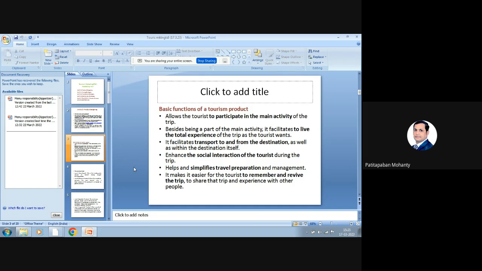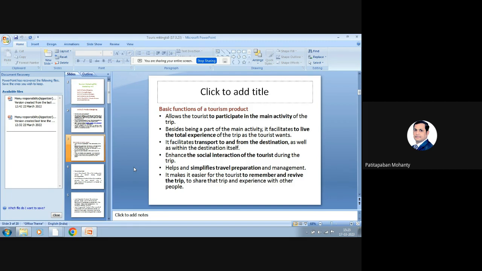Then it helps and simplifies the travel preparation and management. Yes, a product always simplifies. It never puts you under pressure. It always simplifies your preparation, and it also helps you in the management. That is also another function of the product. And the next is it makes it easier for the tourist to remember and revive the trip.